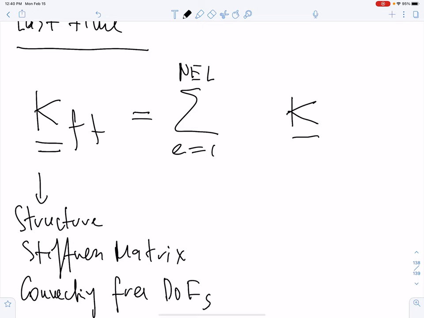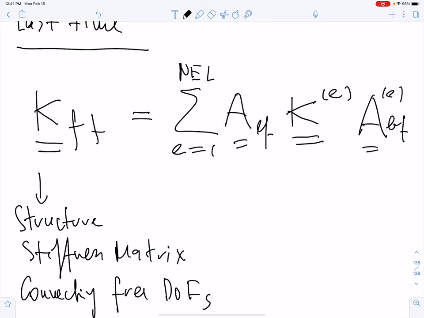And then you take each individual element matrix, and you know how to construct those. For truss elements, we covered those extensively. And hit it on the left and right by the ABF, our Boolean friends, ABF for element e and ABF for element e transpose. Okay. So this is the structure matrix, this is the element matrix.